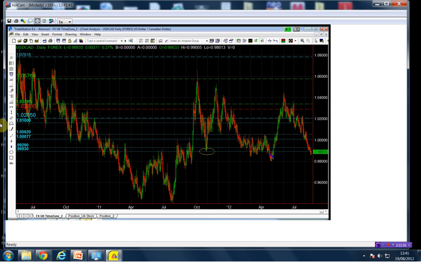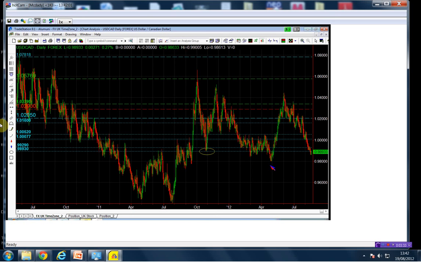Since there hasn't been any follow through to the downside, I think we need to downgrade this number from being a structural point to give it a lower degree of importance, and make it a significant point.